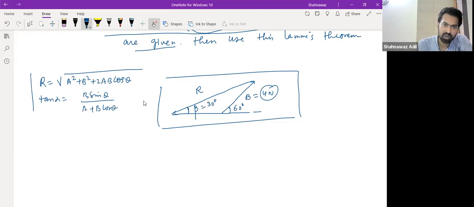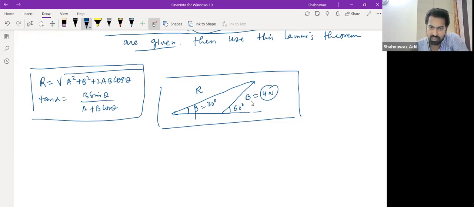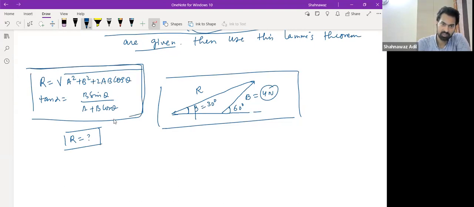We have to find R. Can we solve this question using these two equations?